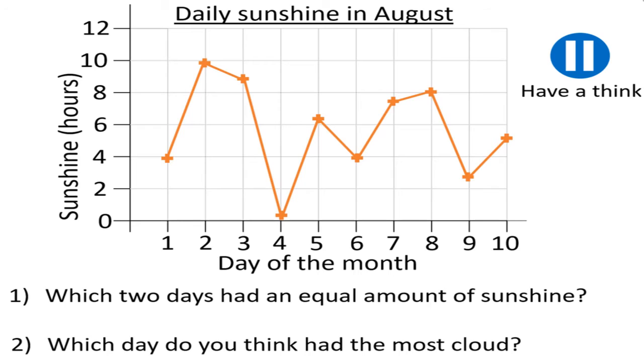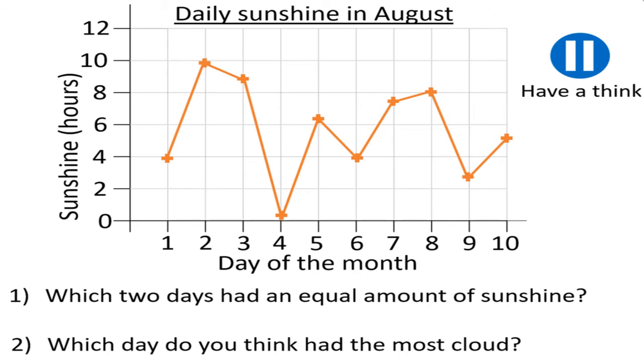Now let's take a look at a different line graph. This one shows the daily sunshine in August. On the left we have the sunshine in hours, going up in 2-hour intervals. And along the bottom we have the days of the month, from the 1st to the 10th.